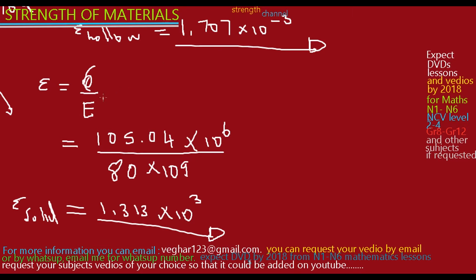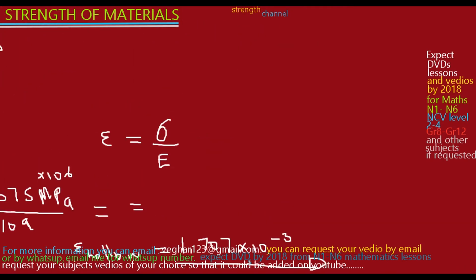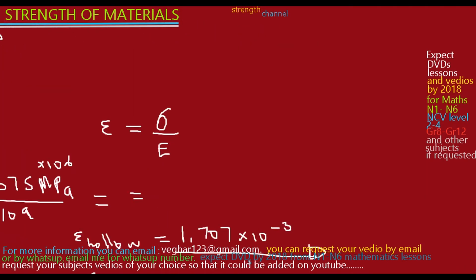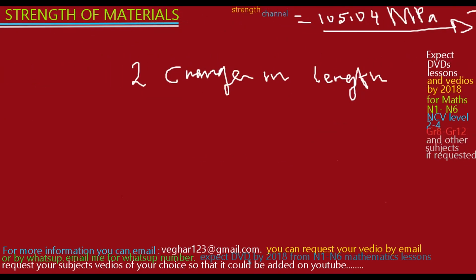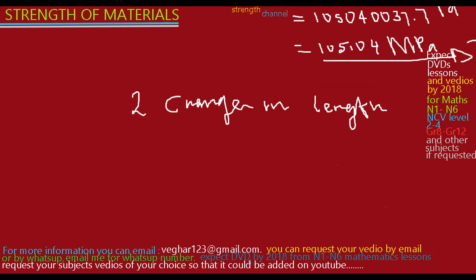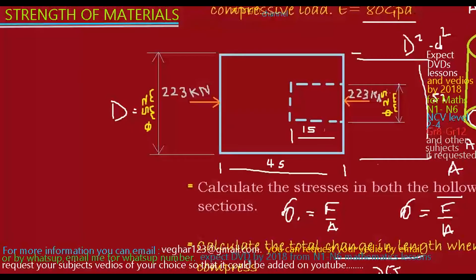From this position, because the length of the hollow and the length of the solid are different, you have to calculate with different lengths. You have here 45 and here 45.